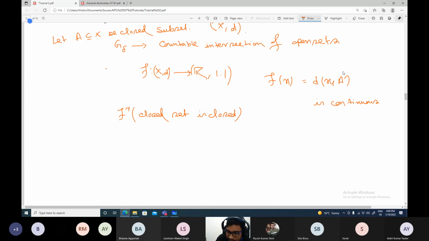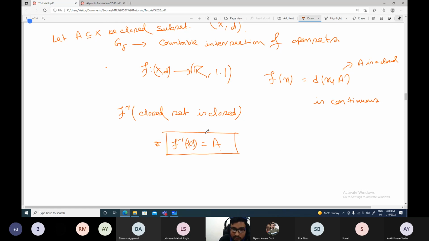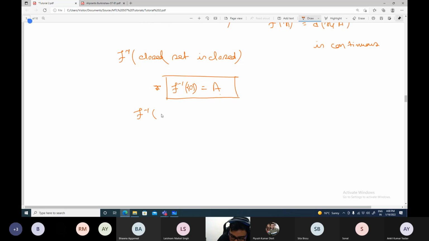Further, when we are given that A is a closed set, we can precisely write that A will be F inverse of 0, where A is closed. Now, how do you define F inverse of 0? This is the same as F inverse of the intersection of open sets, so this will be over n belonging to N, of (minus 1 by 2 to the power n, 1 by 2 to the power n), right?